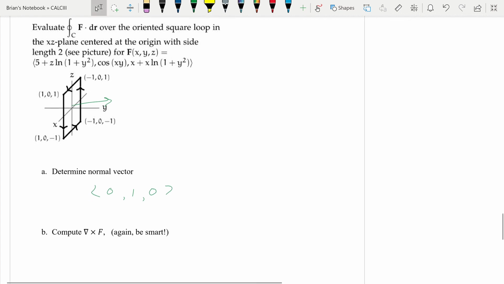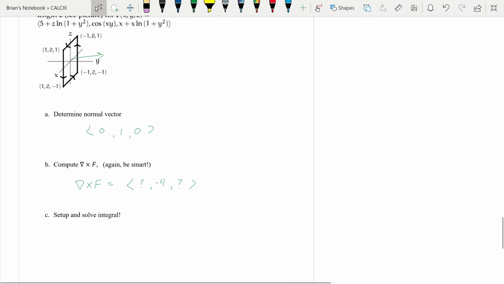Then we would compute our del cross F. Now we don't care about the i or the k. All we care about is the j, which if you do it, you'll get -4. Then we set it up and solve it.